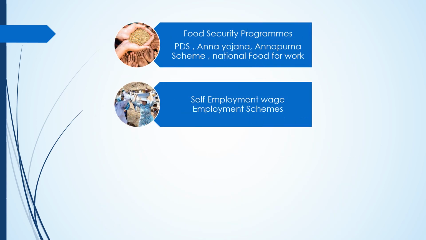The food security programs such as the public distribution system, Anna Yojana, Annapurna scheme, and National Food for Work increase the purchasing power of the person. Self-employment schemes and wage employment schemes are some of the broad categories of the intervention programs we see in India.